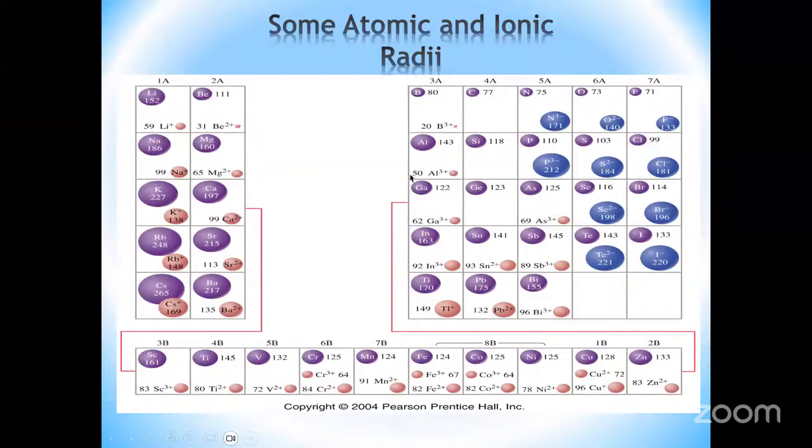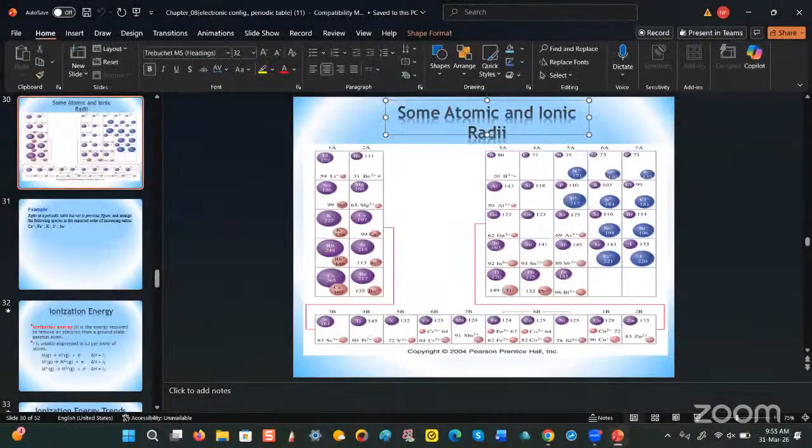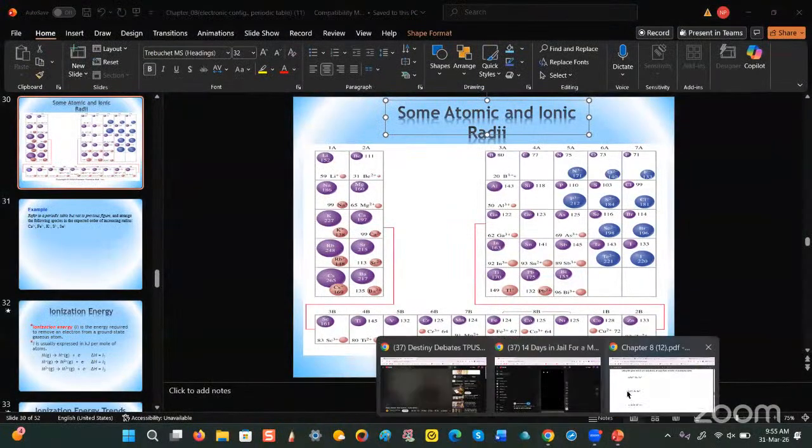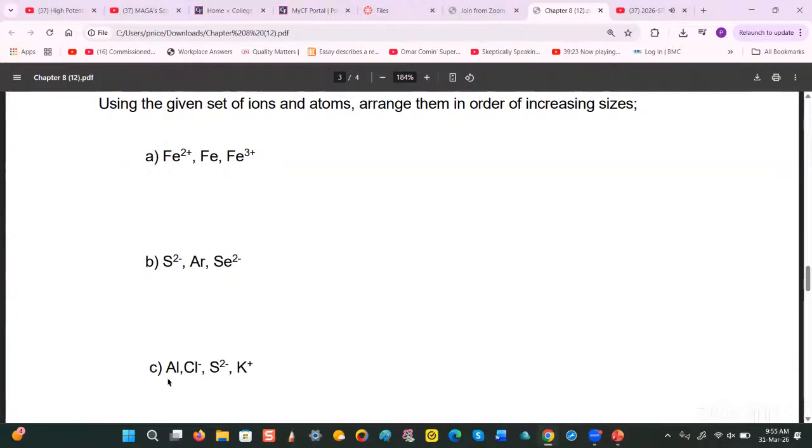Okay, let's see here. Aluminum is here. So actually aluminum is smaller, because aluminum 3 plus is 50. Sulfide is 184, 181. But it's not the ion. It's regular. No, the aluminum ion is here. Yeah, but on our paper, it's regular. Oh, it's regular aluminum? I guess that's where I'm messing up. Oh, it's regular, okay.